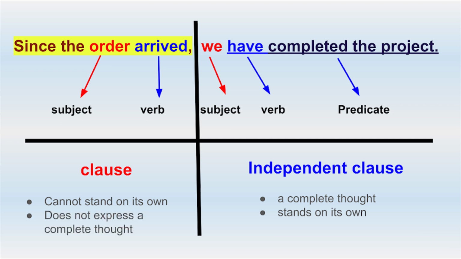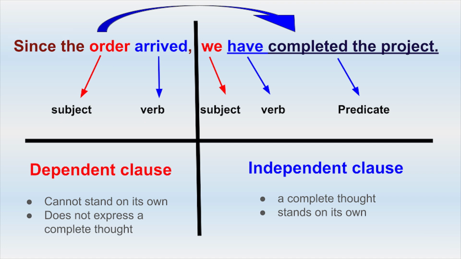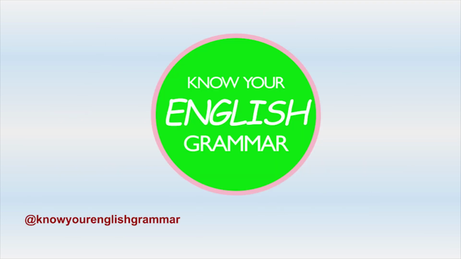It does not express a complete thought. The word since makes it dependent upon the rest of the sentence. For this reason, this clause is called a dependent clause. It depends upon the independent clause, we have completed the project, to make sense.